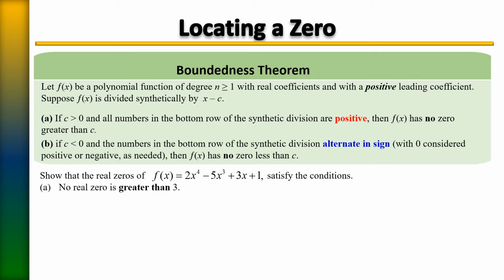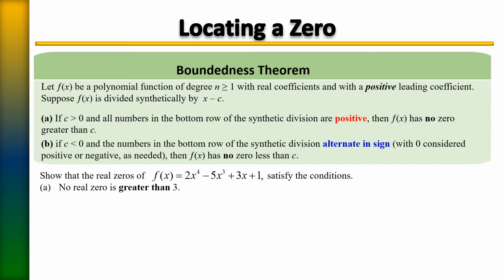Suppose f of x is divided synthetically by x minus c. So if c is greater than 0 and all the numbers in the bottom row of the synthetic division are positive, then the function has no real zeros greater than c.